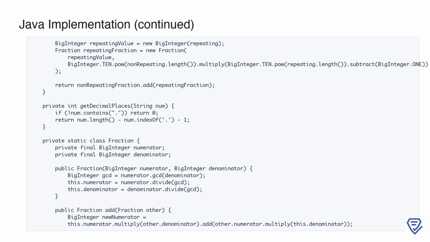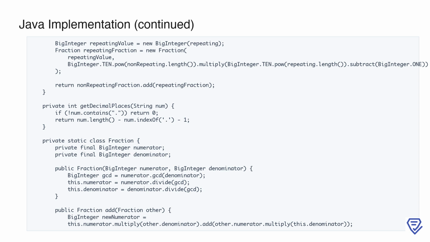The denominator is calculated by taking the base determined by the non-repeating part, multiplying it by the result of subtracting 1 from 10 raised to the power of the repeating segment's length. This ensures that the repeating part is correctly scaled relative to the full fractional value. After calculating both the non-repeating and repeating fractions, we add them together to form the complete fraction representation of the number with its repeating decimal.